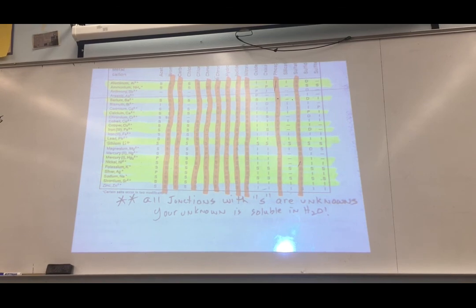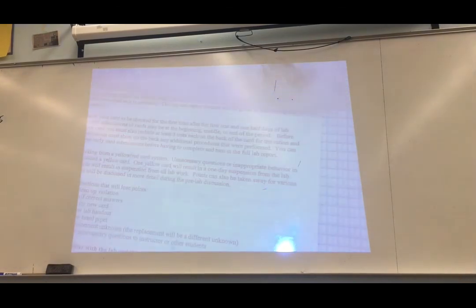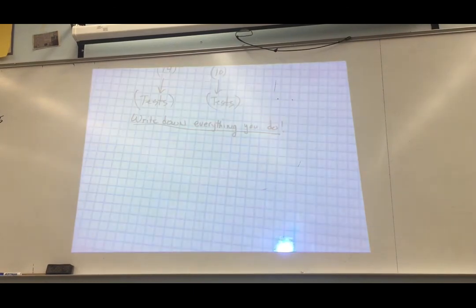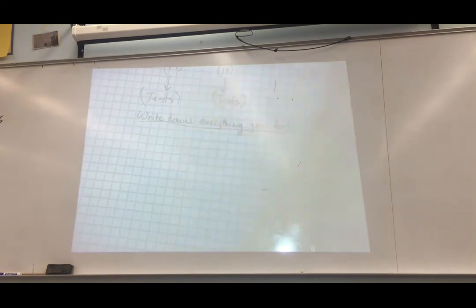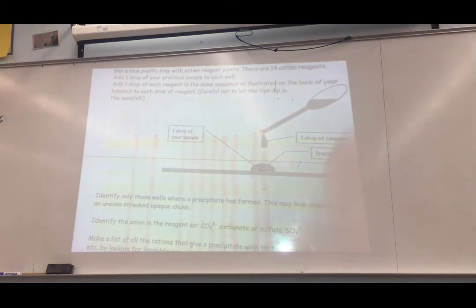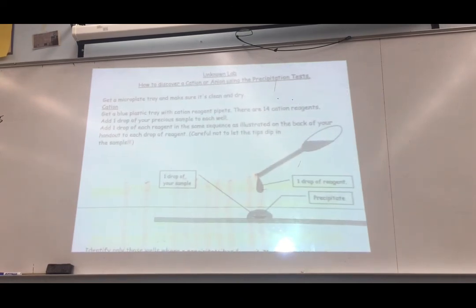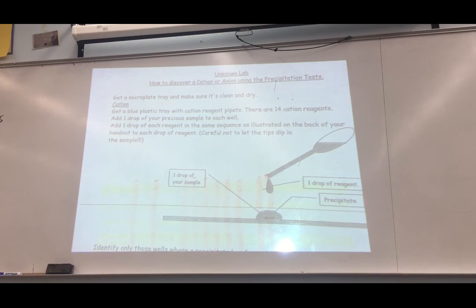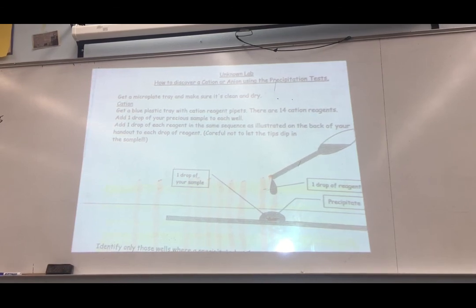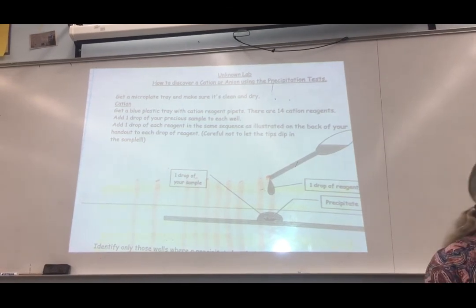Don't fail to do that because there is some very important information in there, especially here where it tells you how to perform the anion and cation precipitation test. It tells you exactly how to do that. All right? Okay. We're almost there.